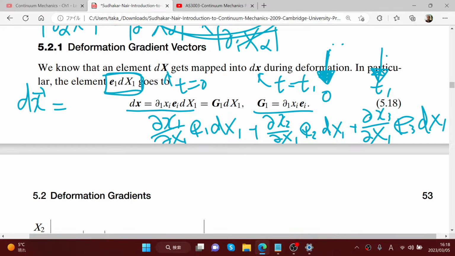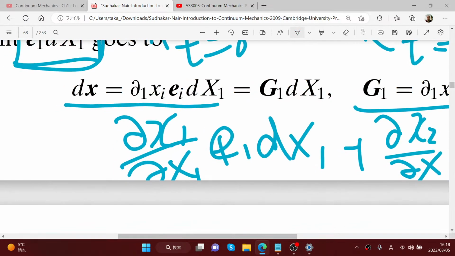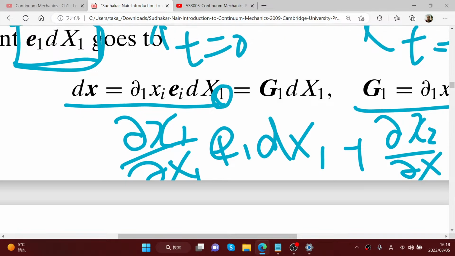So then there is an implication. Here you have index 1. So this partial 1 implies partial large X1, I think.